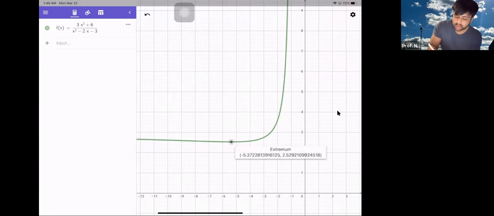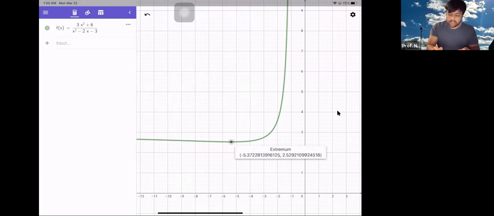The way GeoGebra works is that it gives you those points already. They're called extremum, the points that are either local mins or local maxes. So this is the smallest point on these two portions of the graph.